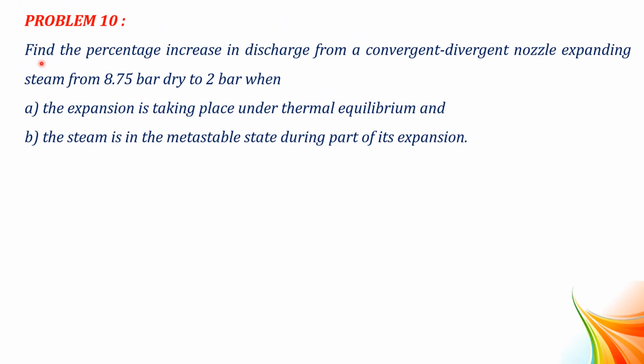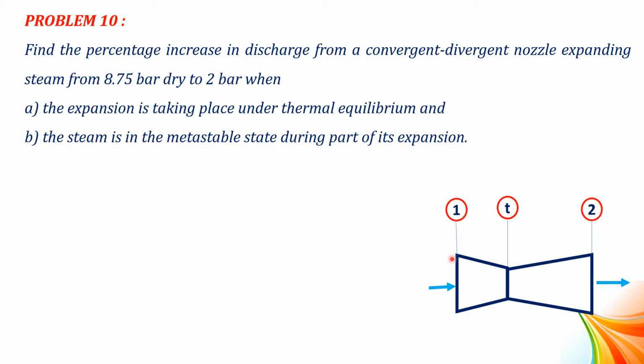Problem 10. Find the percentage increase in discharge from a convergent divergent nozzle expanding steam from 8.75 bar dry to 2 bar when A. The expansion is taking place under thermal equilibrium, and B. The steam is in the metastable state during part of its expansion.